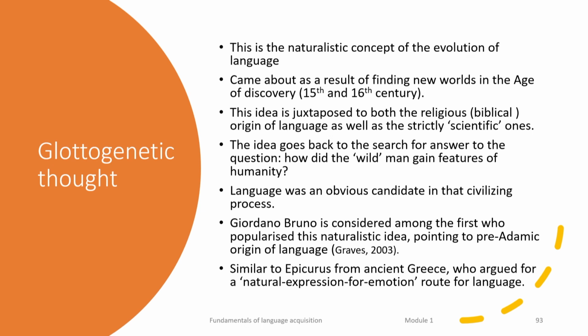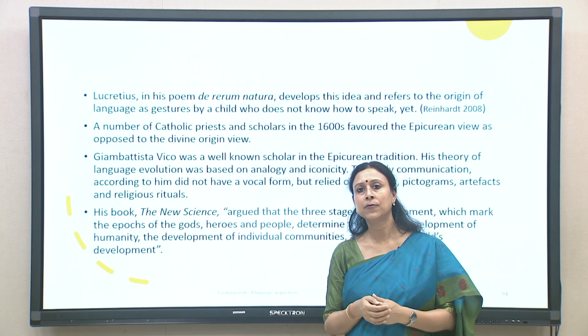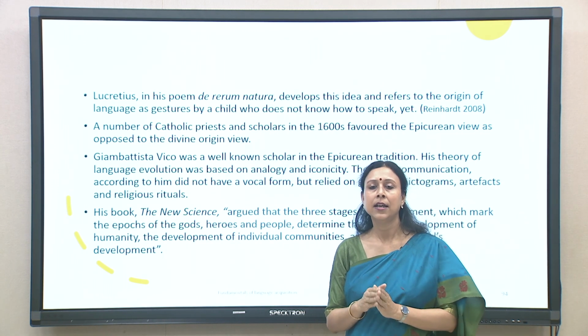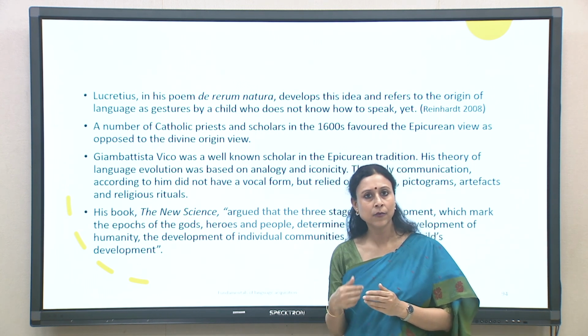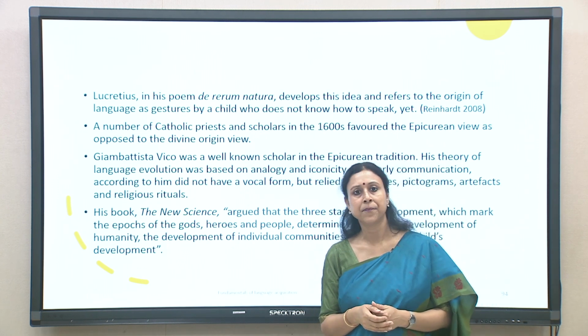In ancient Greece, Epicurus was one of the first to talk about this, and he argued for natural expression of emotion as the route to acquire language. Language evolved out of different kinds of onomatopoeic words. First it was an expression that came out as an outburst of emotion, and which later on, through processes, became what we know as language today.